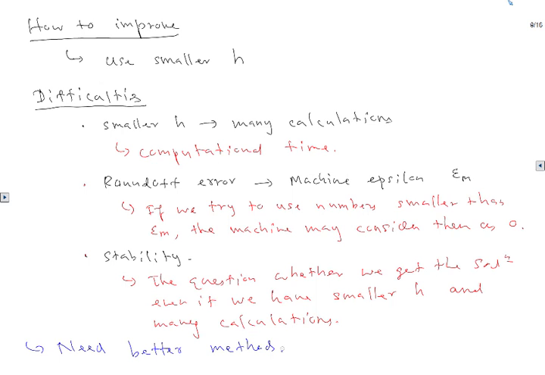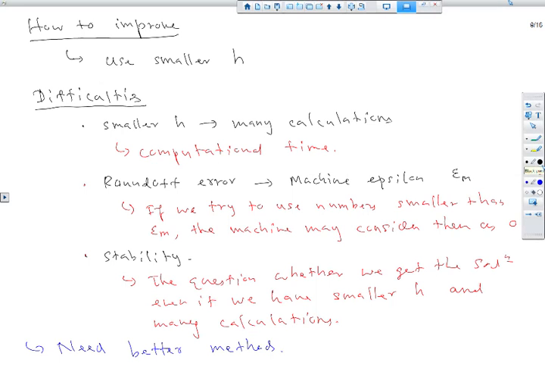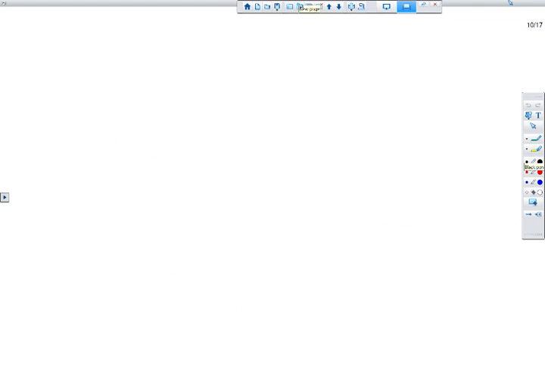The improved Euler, that's the second technique. Sometimes this is also called the modified Euler method.